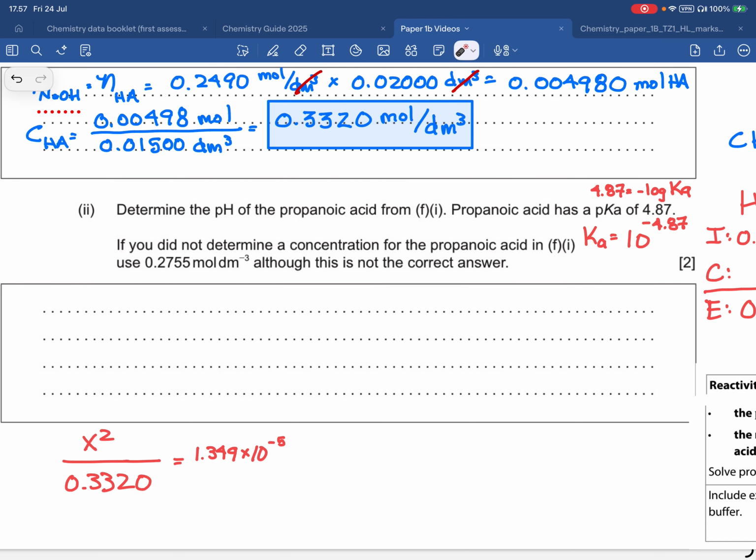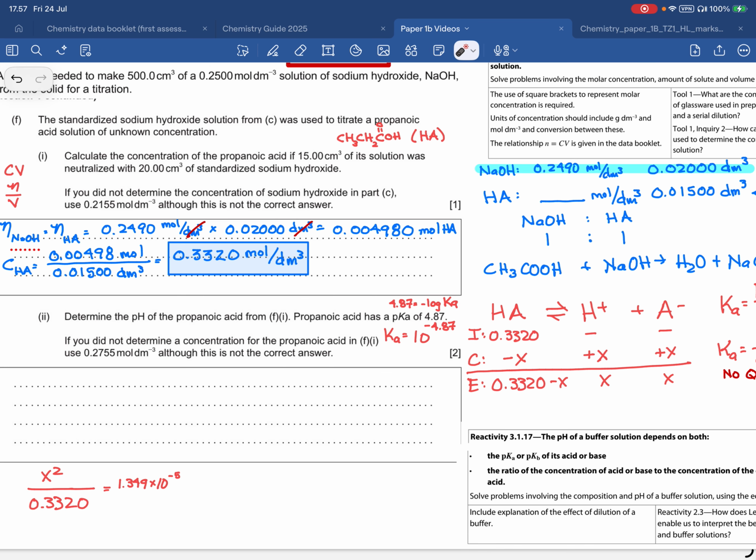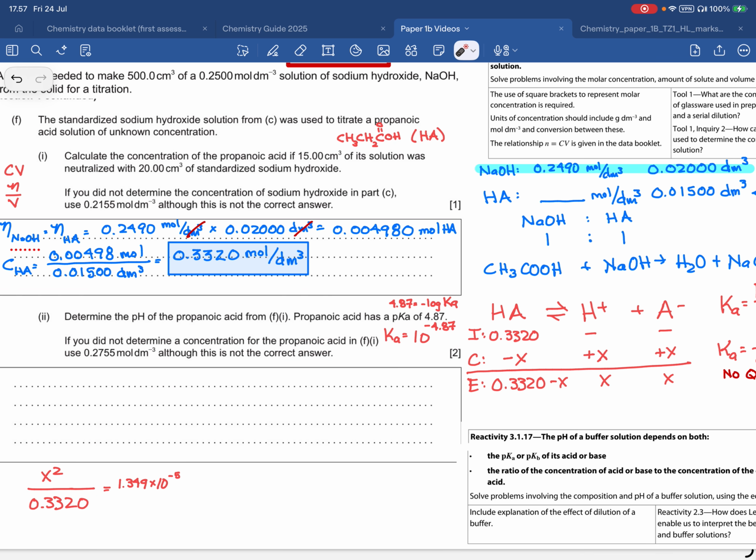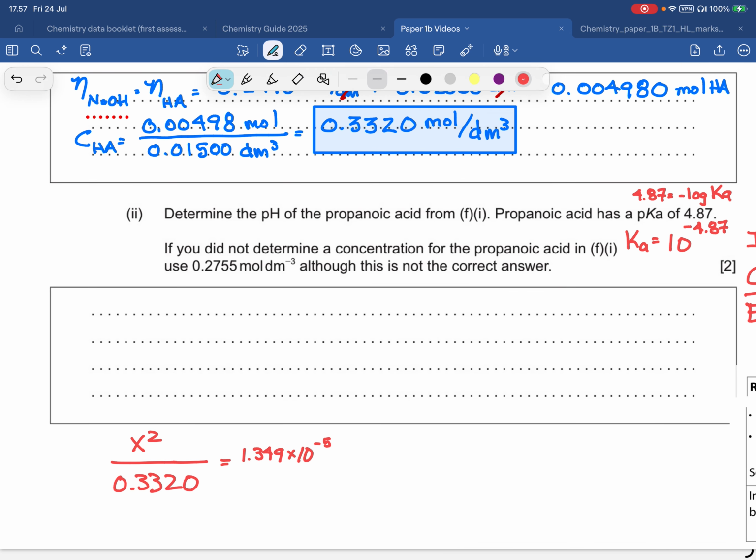They said you want the pH, right? So in order to get the pH, you need to calculate the H+. Well, recall this right here, this X, that X is H+. So basically, we need to solve for X. So that's what we're going to do.